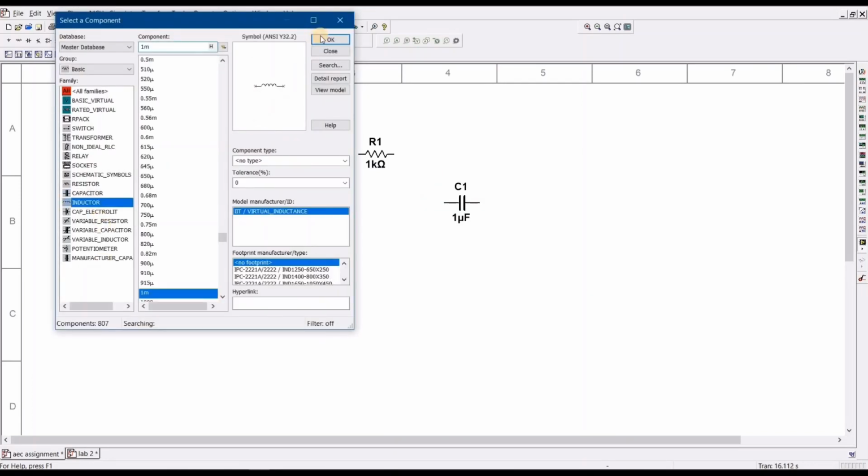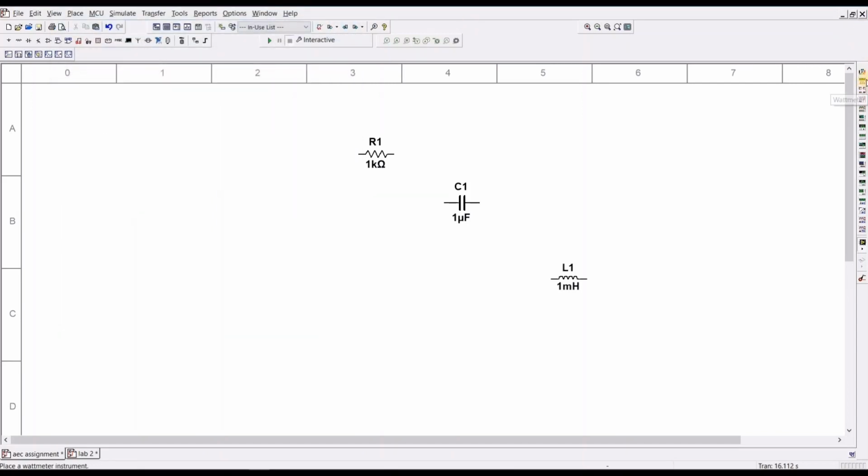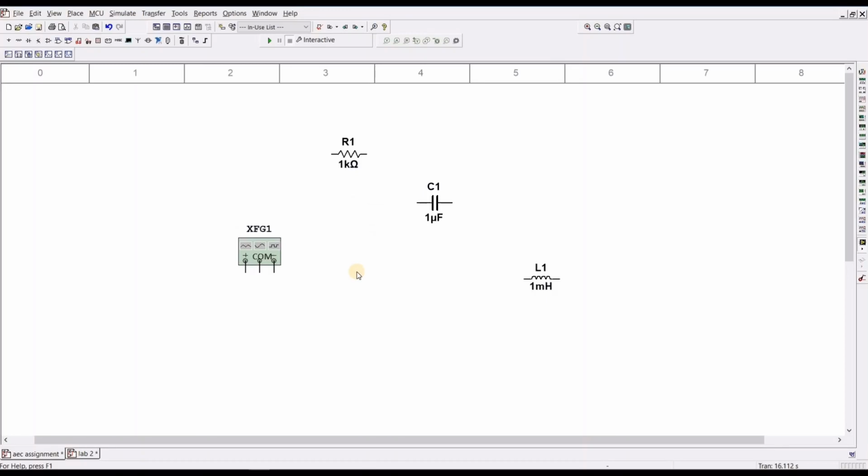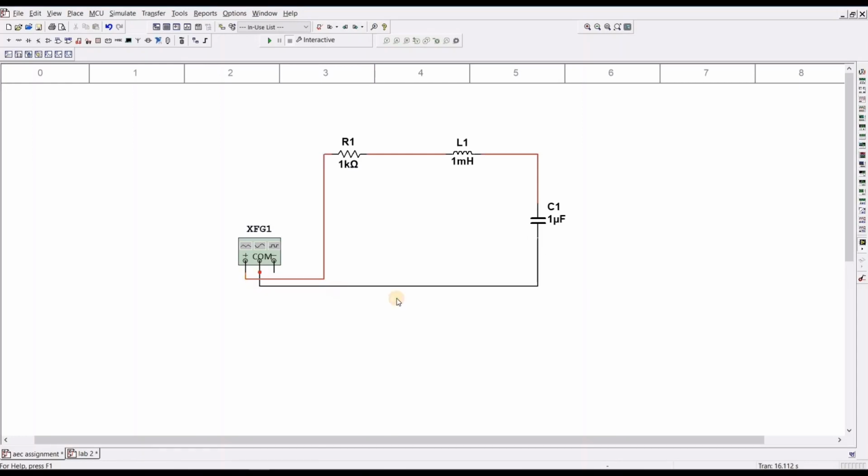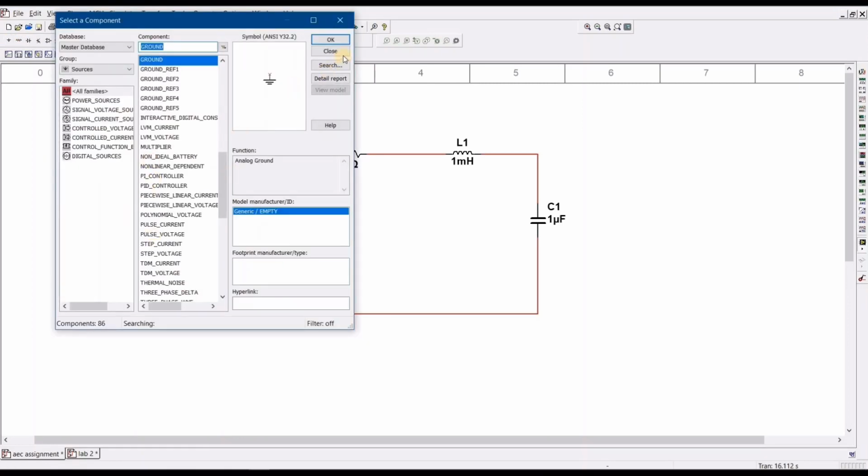We take out everything, take out the function generator as our supply, and construct the circuit. Okay, then don't forget to ground the circuit.